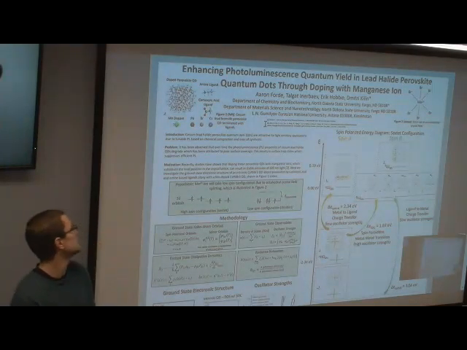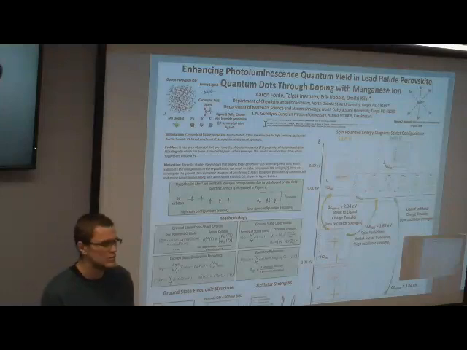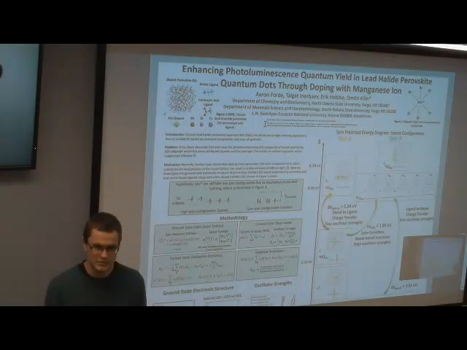But the conflict arises due to the ligands of the quantum dots. The ligands that are used to synthesize them have been shown to not be very strongly bound to the surface, and they fall off over time. As those ligands fall off, they create trap states on the surface, which decreases the photoluminescence properties over time. So basically they degrade.